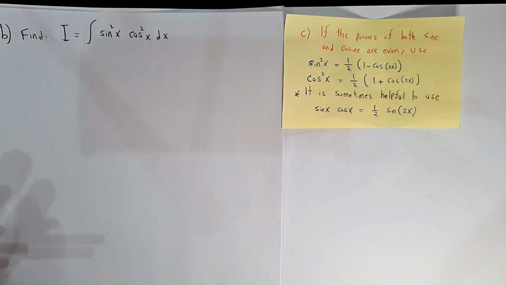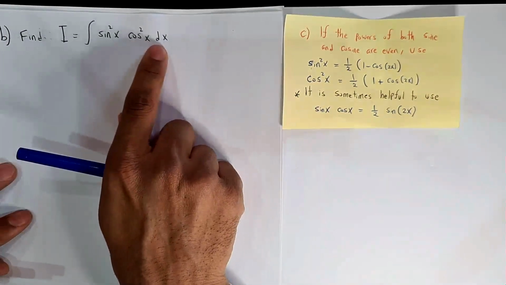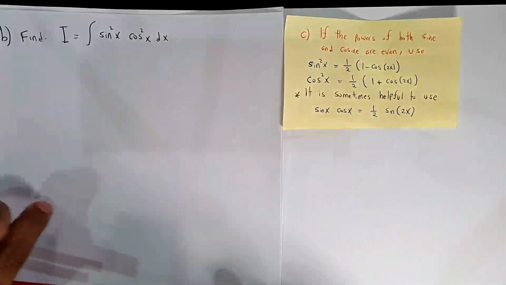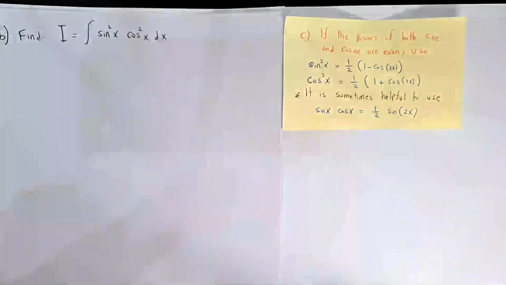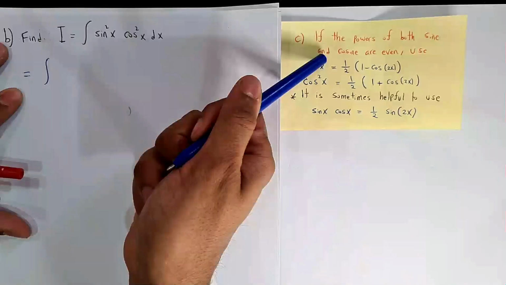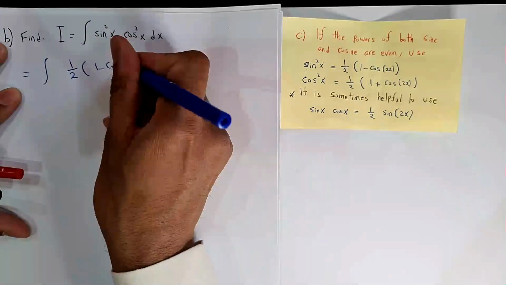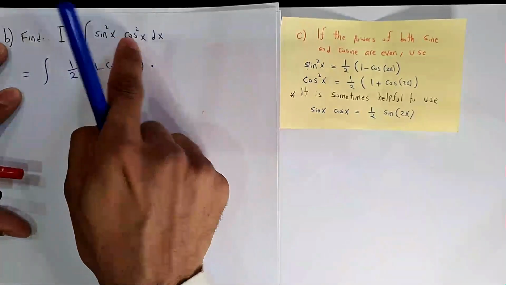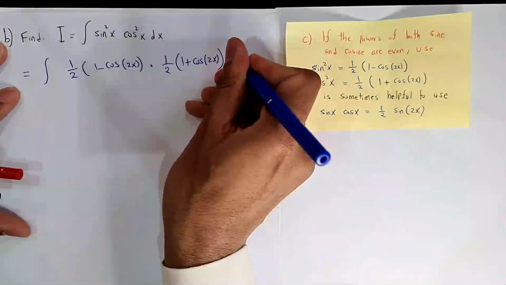Now let us solve part B, integral of sine square x cosine square x dx. This question will be solved using two methods. Method number one, we will use this, and method number two, we will use this little remark. The first one, what is sine square? Read it from here. It is half times 1 minus cosine 2x, times, what is cosine square? It is the same stuff, but instead of this minus, you have plus, dx.